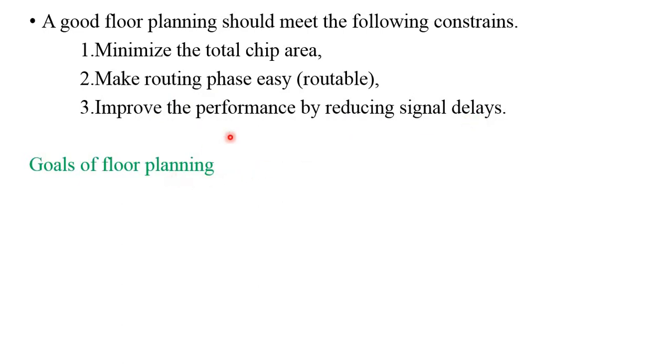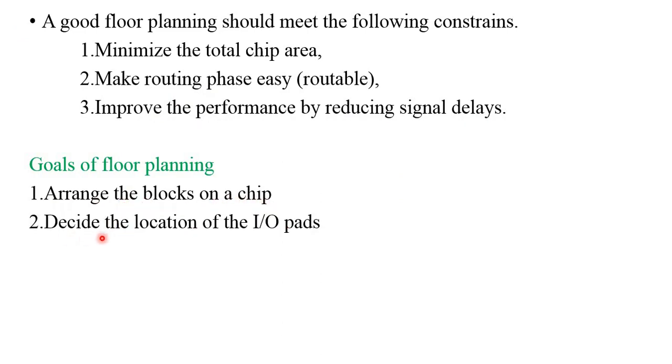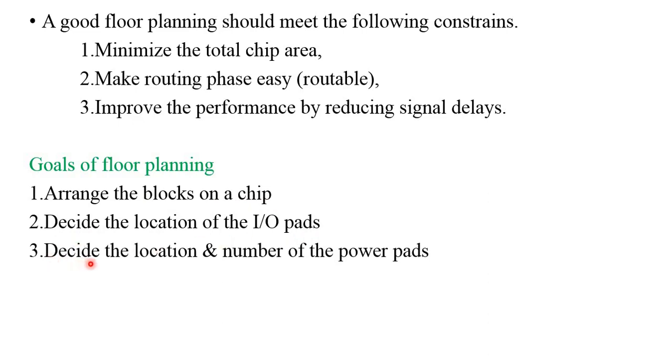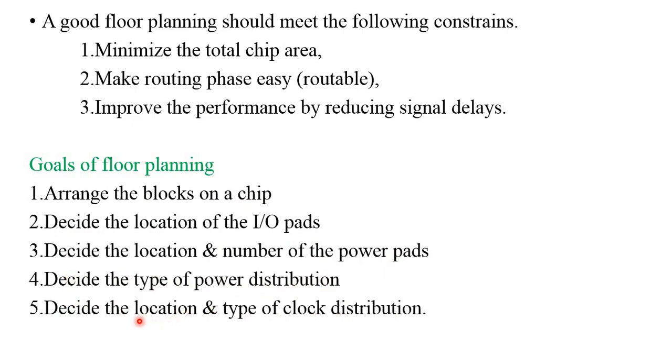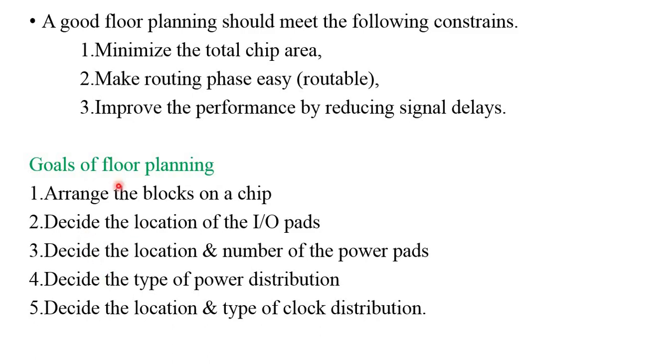The goals of floor planning are to arrange the blocks on a chip, decide the location of the I/O pads, decide the location and the number of power pads, decide the type of power distribution, and decide the location and the type of the clock distribution. These are all the goals of the floor plan.